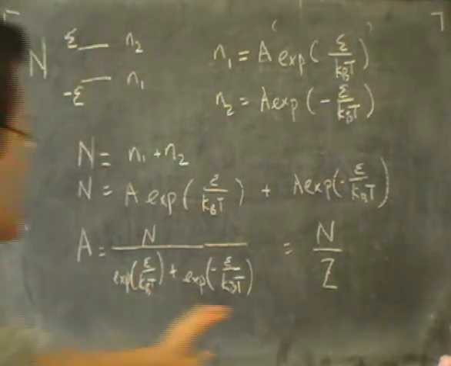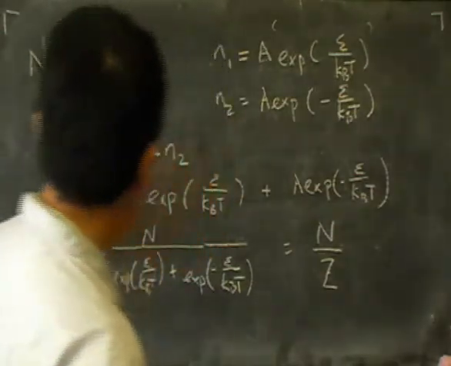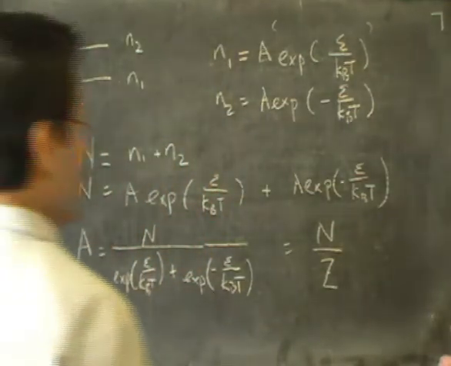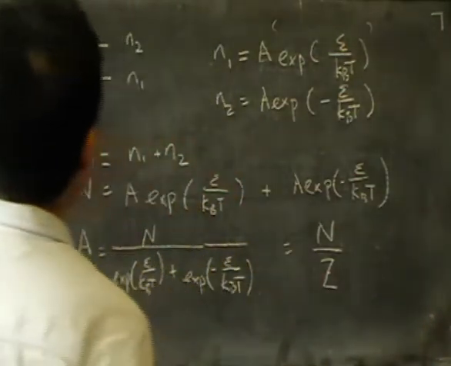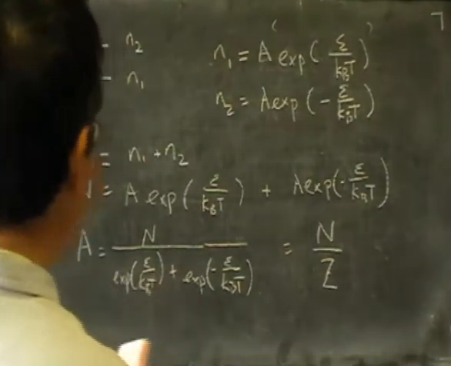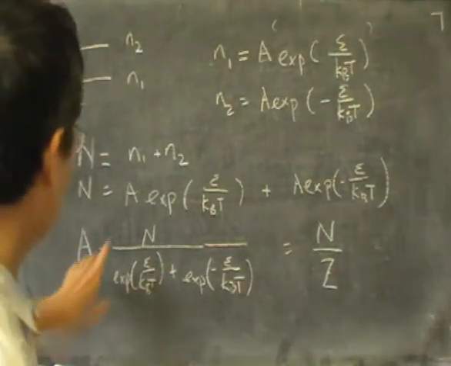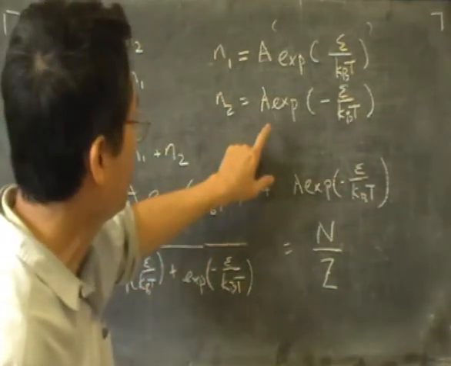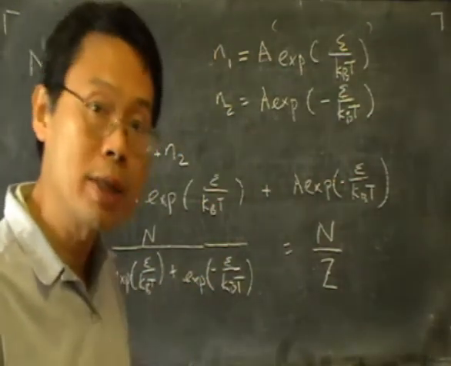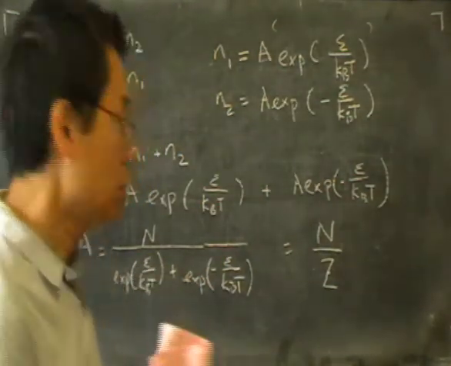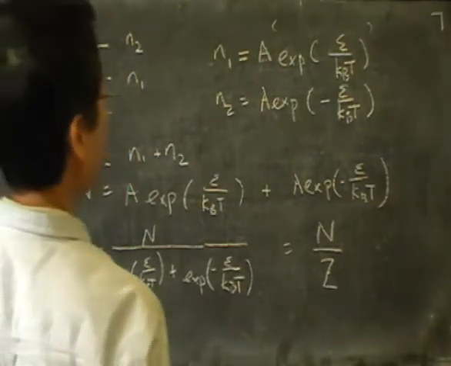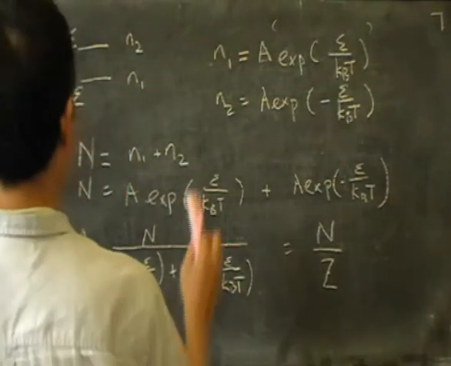Z is the sum of Boltzmann factors. I'm just going to make use of that for now. Now that we have solved for A, we have the full formula for N1 and N2, and we are ready to find the total energy U.